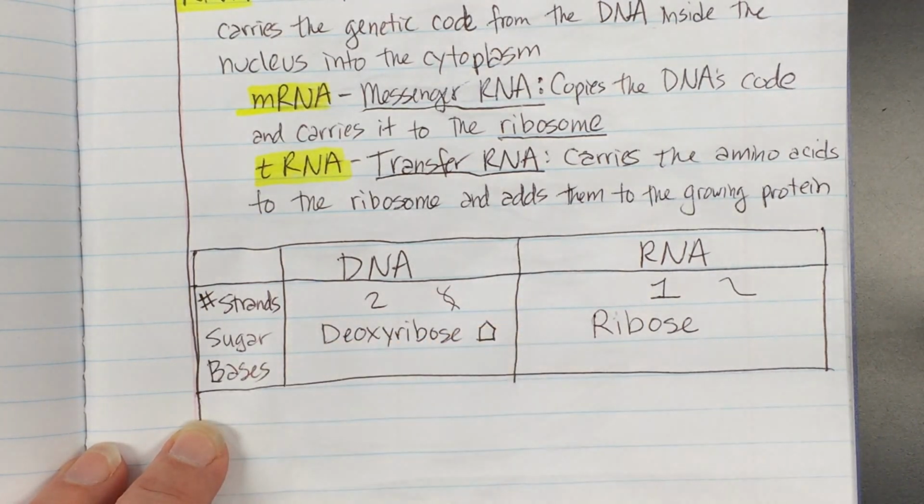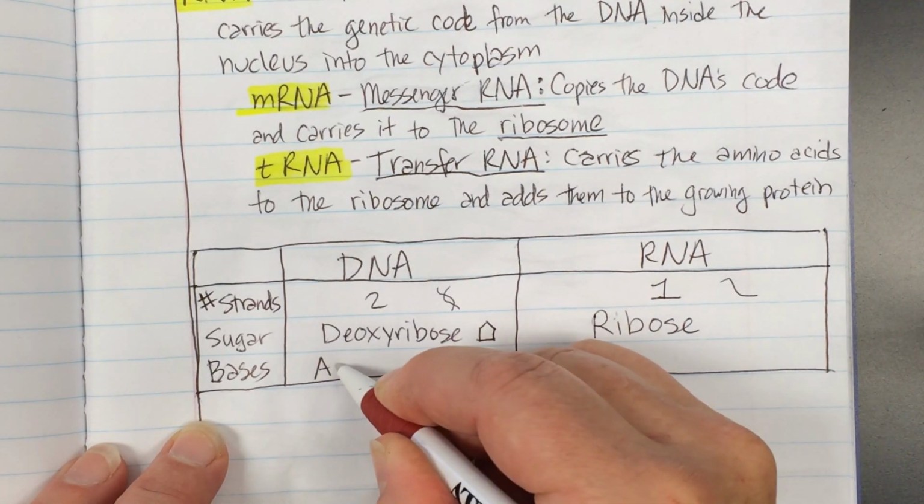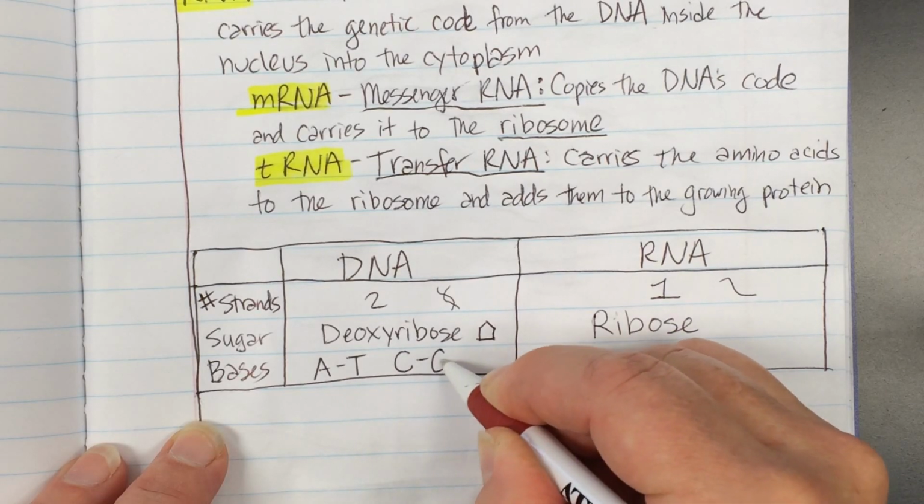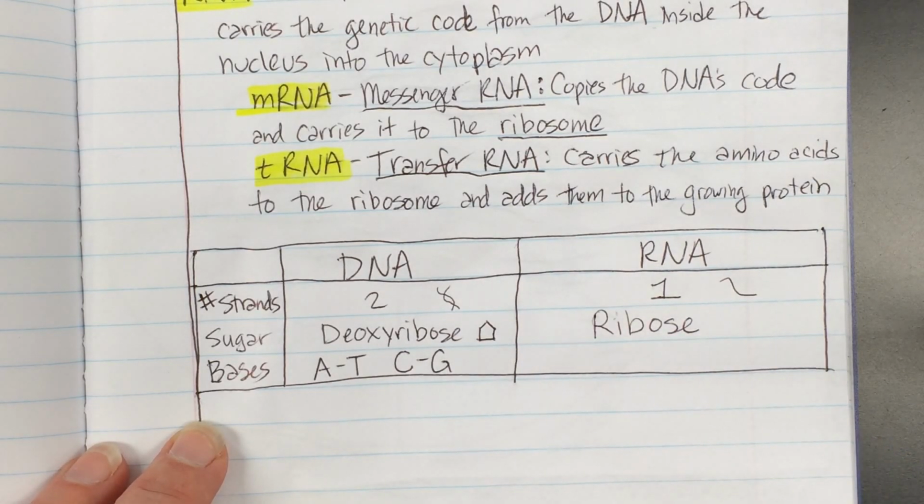Okay? The nitrogen bases. For DNA, we have A and T, and we have C and G. Remember? The A goes with the T, and the C goes with the G. Well, when you get to RNA, there's one difference.